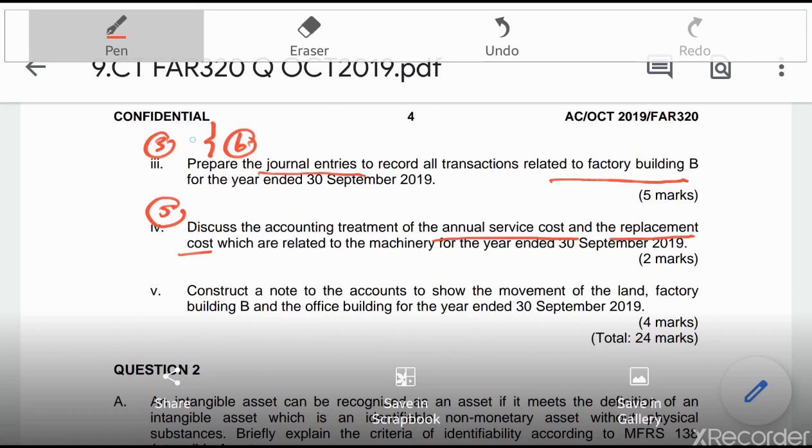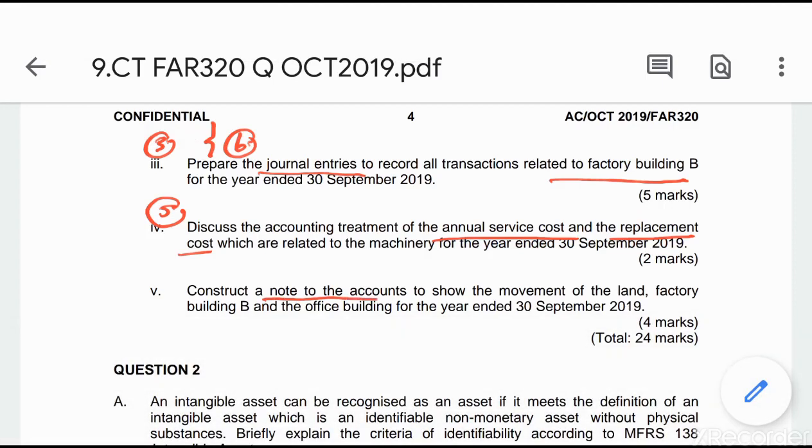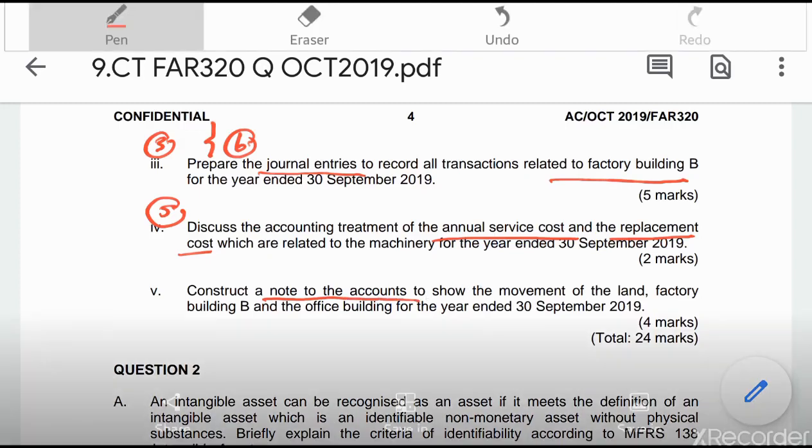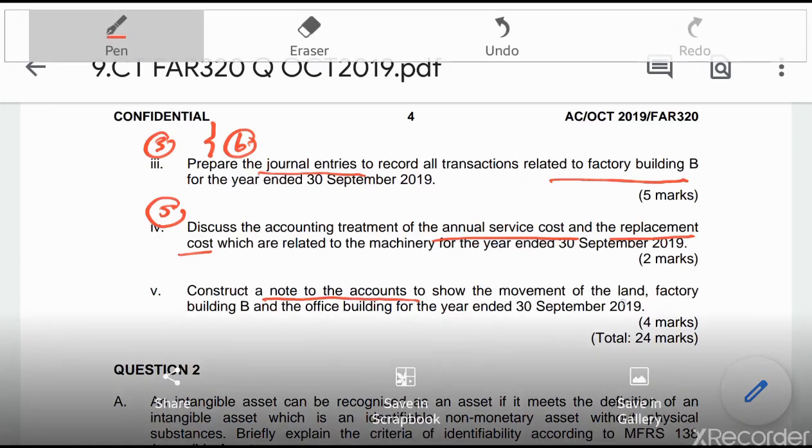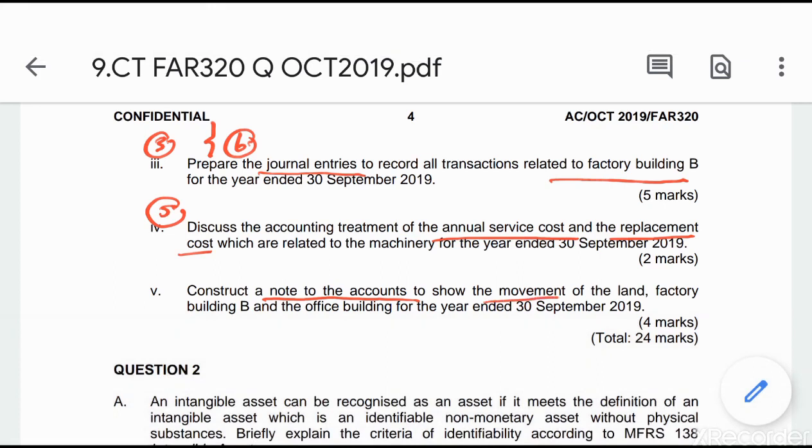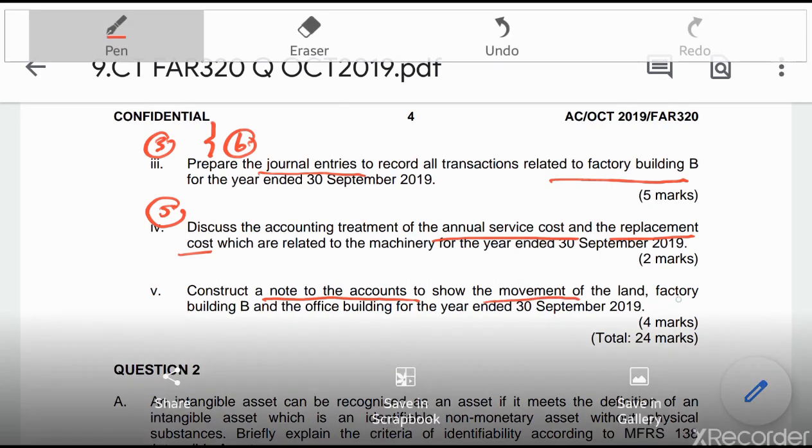The next one is to construct a note. This is the part where you have to prepare the schedule showing the movement. Movement means the movement in the cost and the movement in the accumulated depreciation account before you can arrive at the carrying amount.